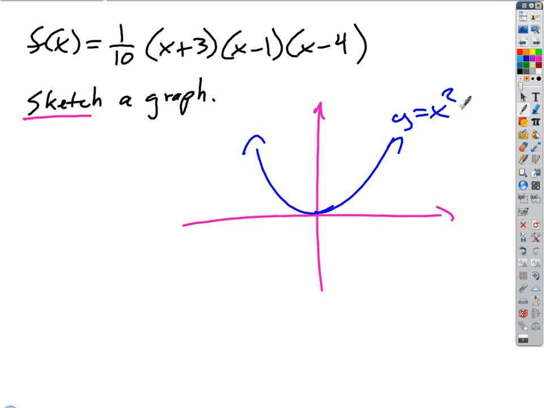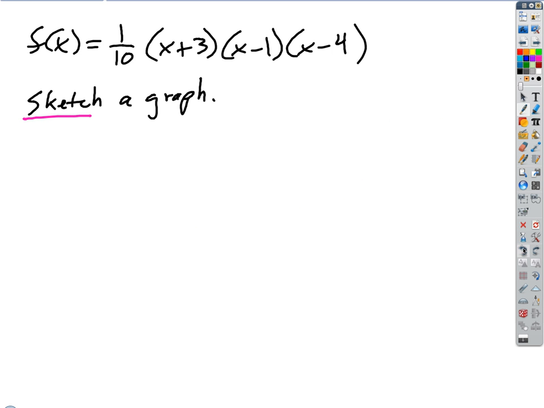Now, I just threw out some words that you're not familiar with. So let's define those. When I say things like minima and maxima, somebody elaborate. Same as minimum and maximum. Okay, almost. It's the plural.